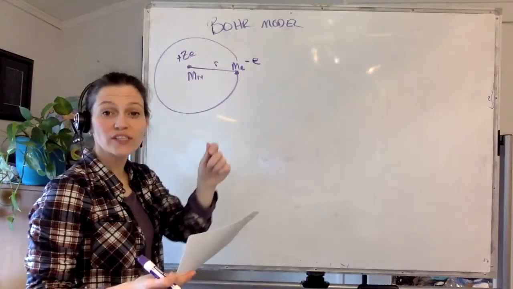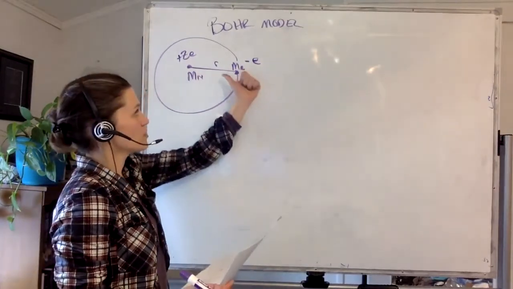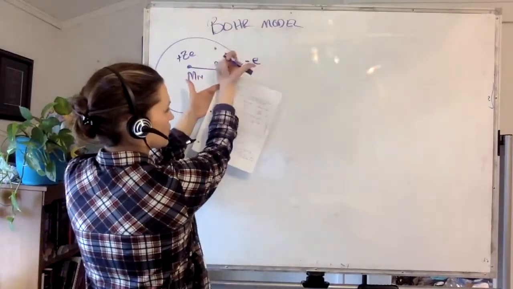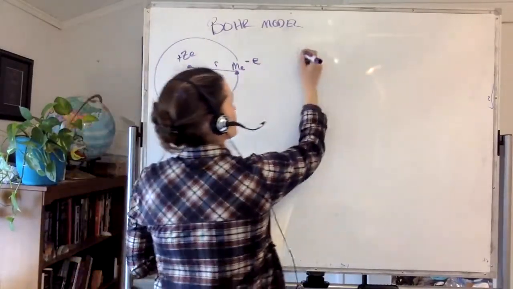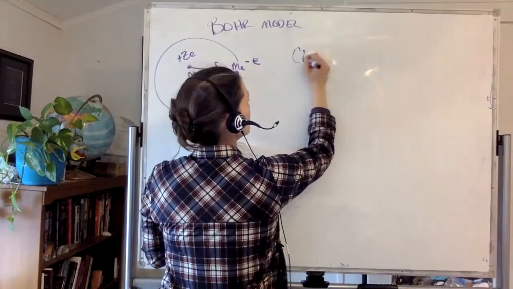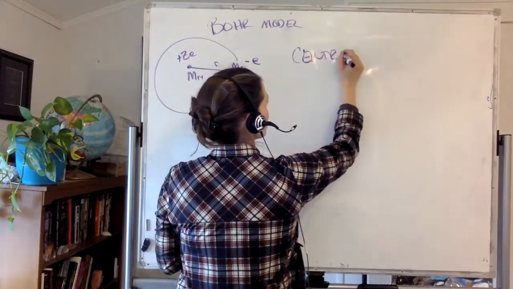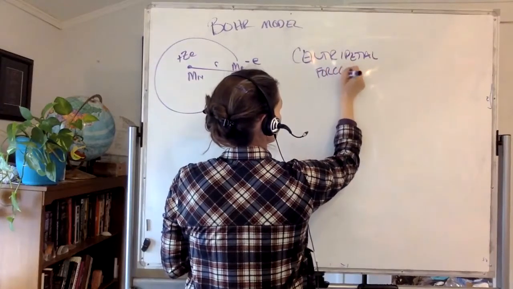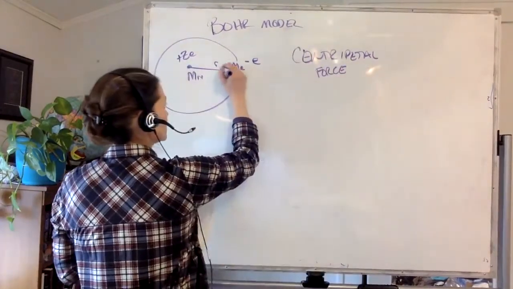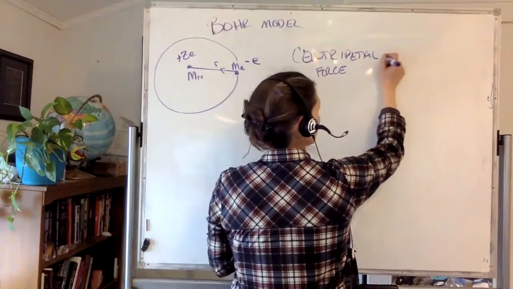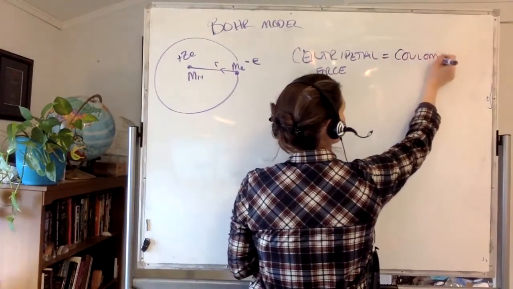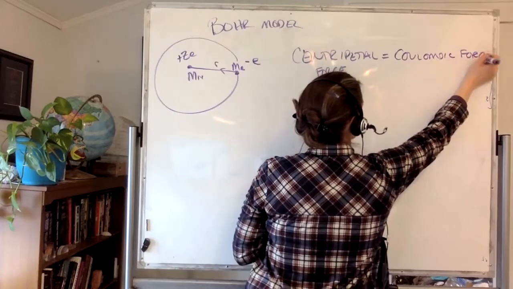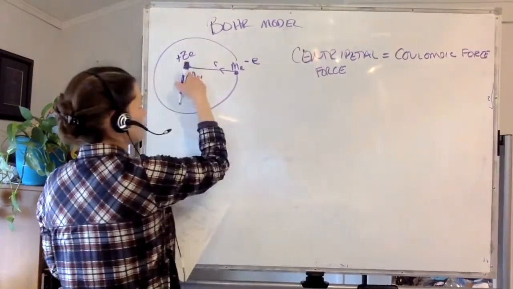Okay, so in the previous video, I talked about how you had the attraction here equal and opposite to the centripetal force this direction. So we have the centripetal force, the center-seeking force going this way, is equal to the Coulombic force, which is the fact that you've got a positive and a negative.